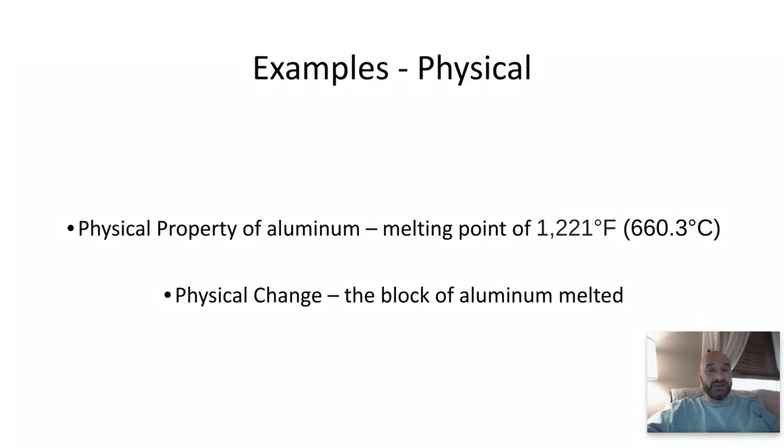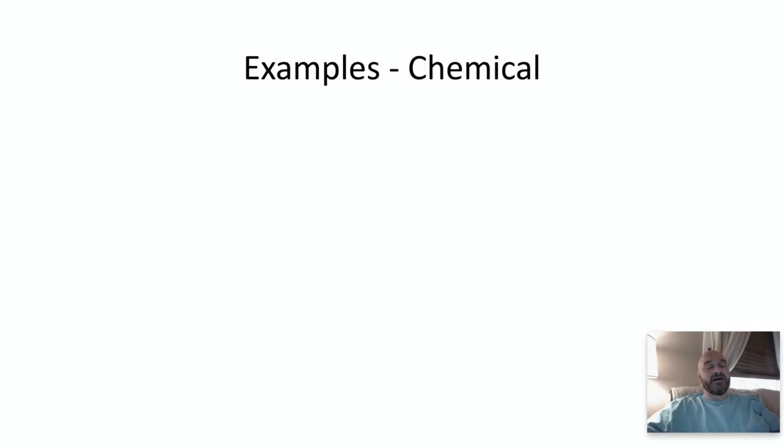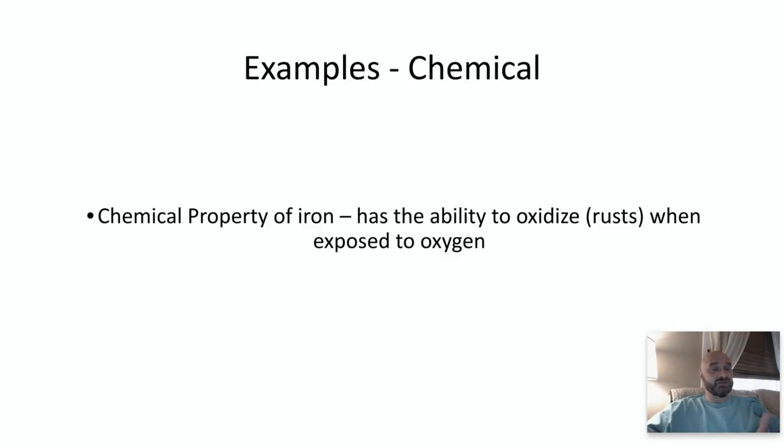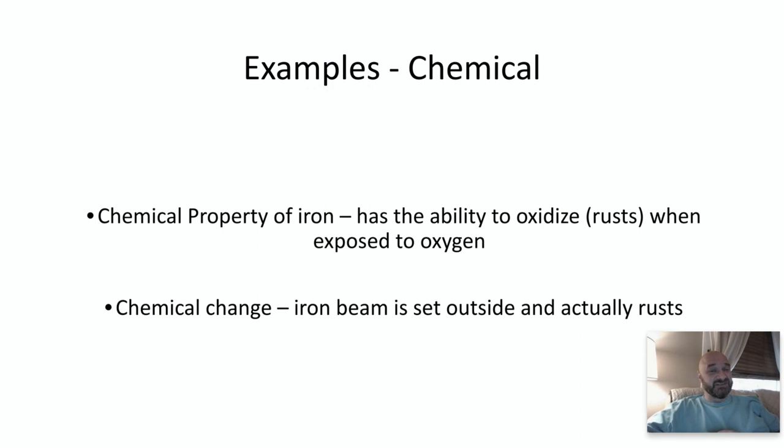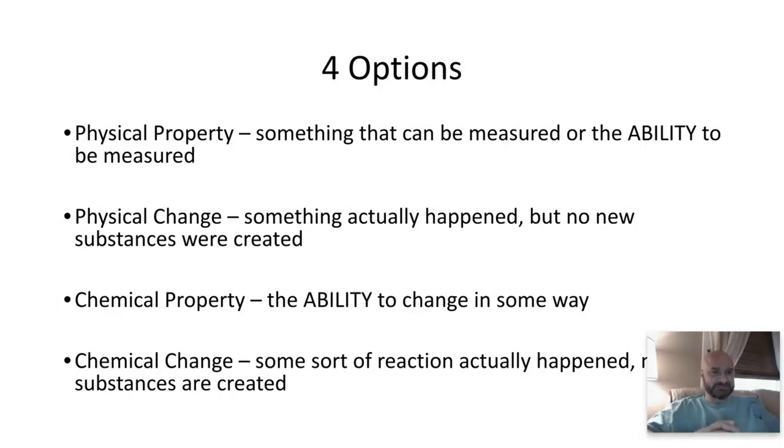If you actually witness it melting, then you know that it has gone through the physical change because of its physical property. For a chemical property and chemical change, a chemical property of iron is that it has the ability to oxidize, or what we call rust, when exposed to oxygen. If it actually does rust, then we say it's gone through a chemical change.